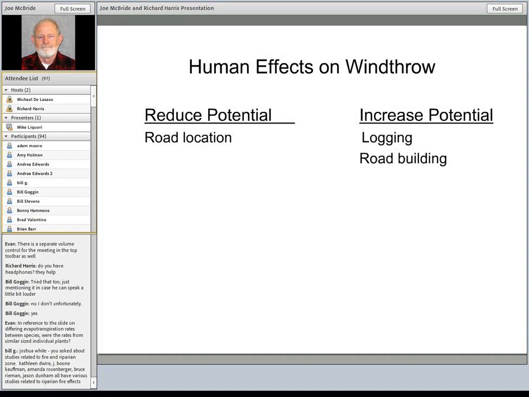And so proper road location outside of riparian zones can minimize this problem. Increased potential, again, may result from logging where we expose trees in the riparian zone to high wind velocity, and road building that may affect root systems of trees can also be a problem.